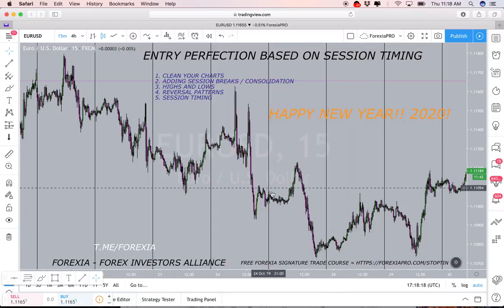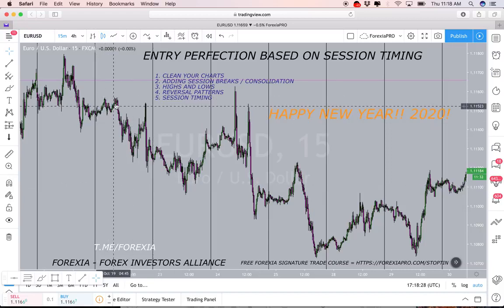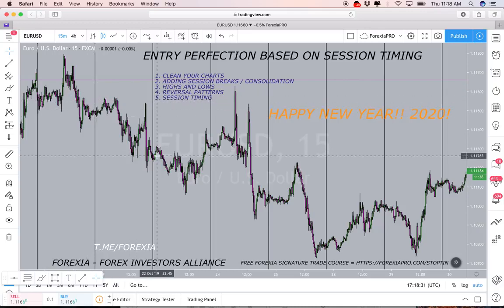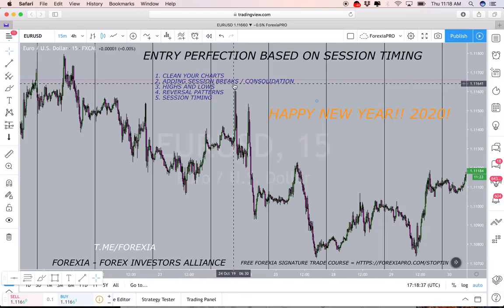Everything else is based on market structure. And this indication of when the day starts and when one day ends is to help give you a better idea of market structure in a 24-hour period. So that's piece number 2, add the session breaks so that we can understand when consolidation is.